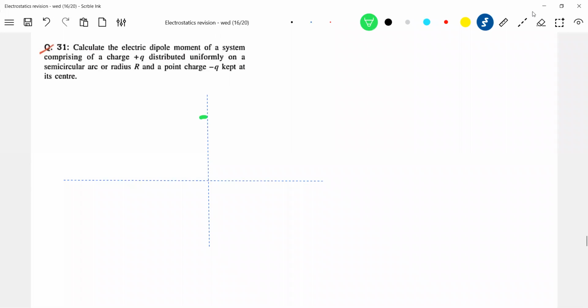So there's a semicircular arc, a point charge minus Q kept, and the remaining positive charge will be distributed. So will it make a dipole? Yes, the system will make a dipole.